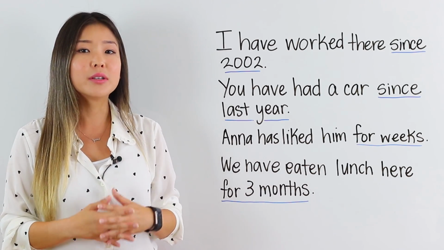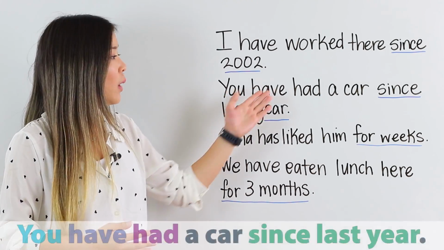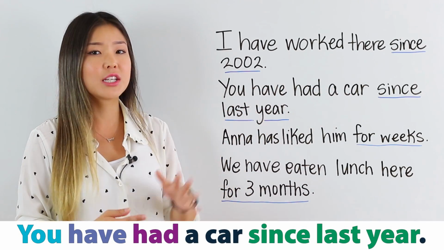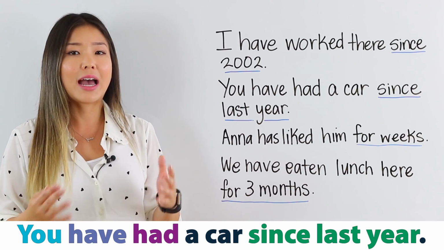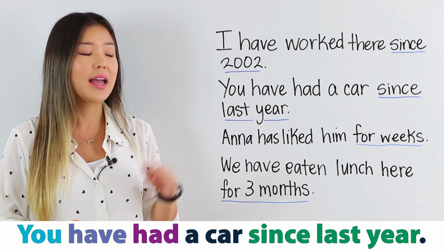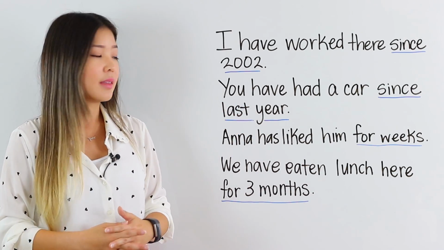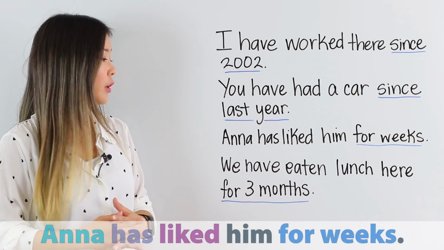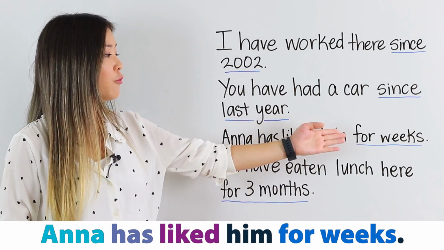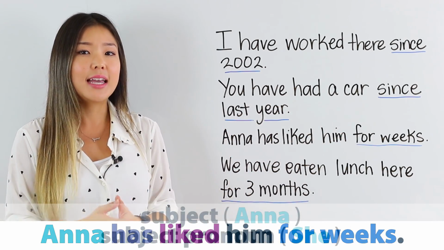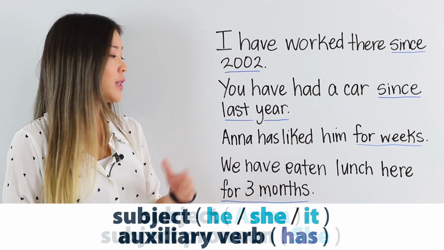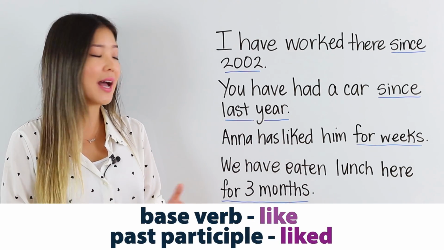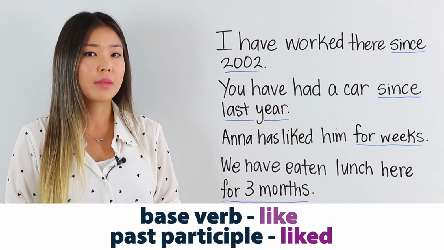The next example does the same thing. You have had a car since last year. Again, we use since, so we have a specific point in time, last year. Take a look at the next example. Anna has liked him for weeks. In this case, the subject is Anna, which is a she, and so we use has, then the past participle liked.